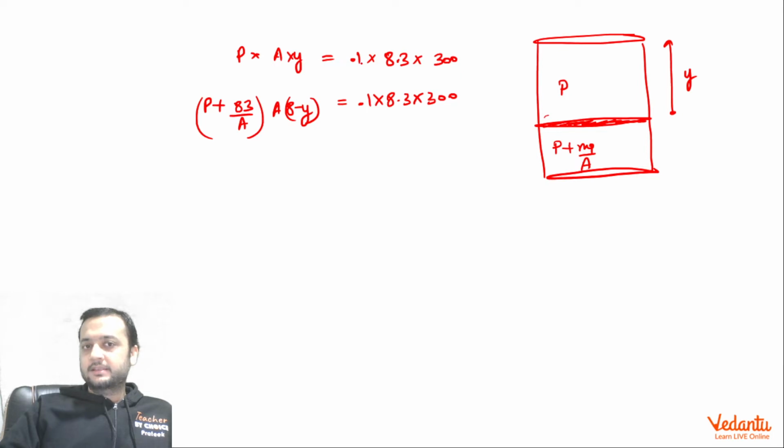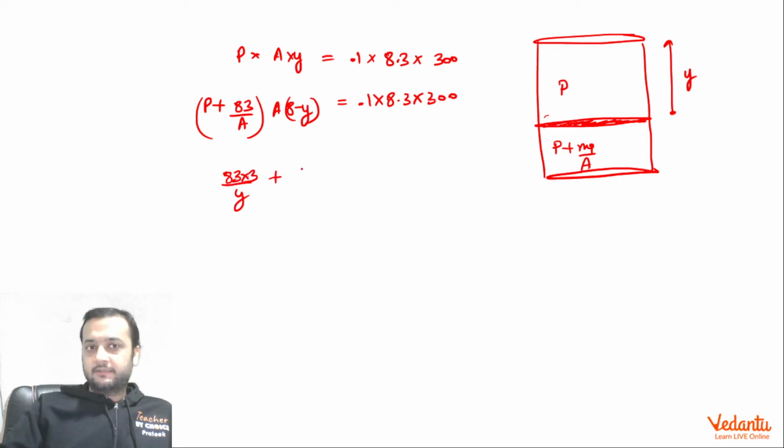PA is how much? 83 into 3 by y, correct? Two zeros will cancel with 0.1 and this decimal. So if you take this A inside, this will become P into A, which will become 83 into 3 by y, right?